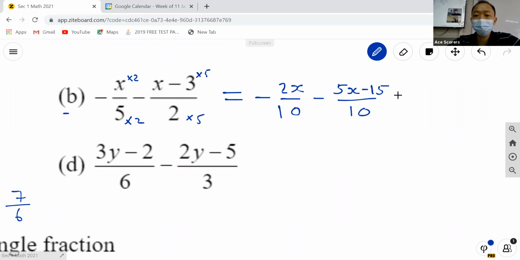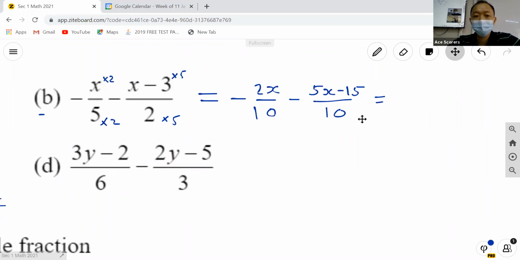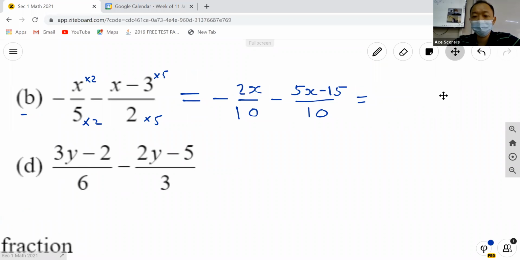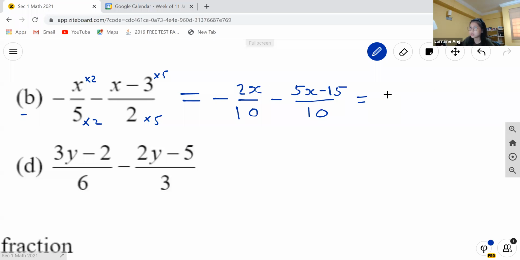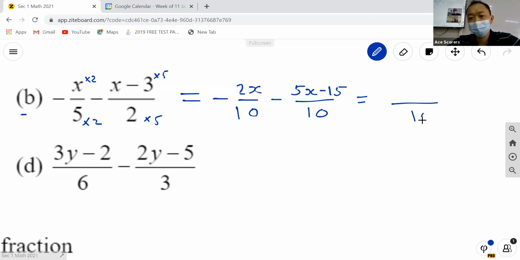Okay, Blossom, so what's the next step? Can you tell me your numerator now? 7x. Denominator. I'm not sure. Oh, you're not sure this one. Okay. How about Davian? What's the numerator?